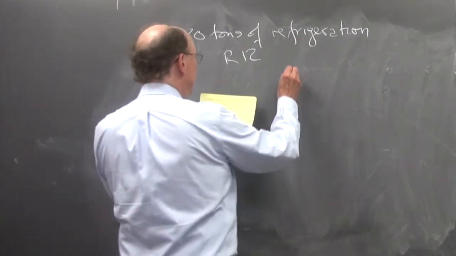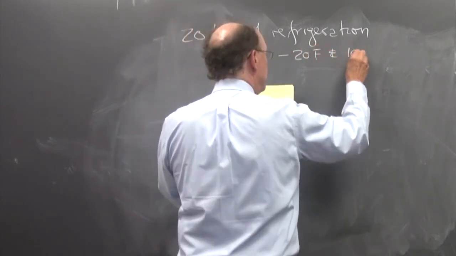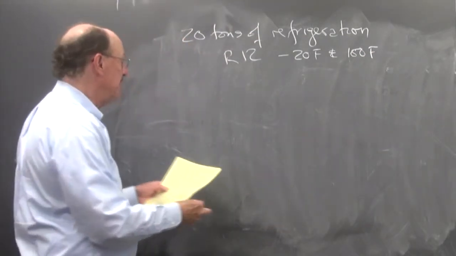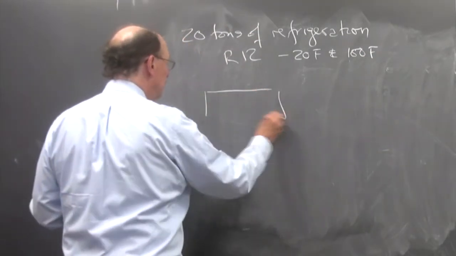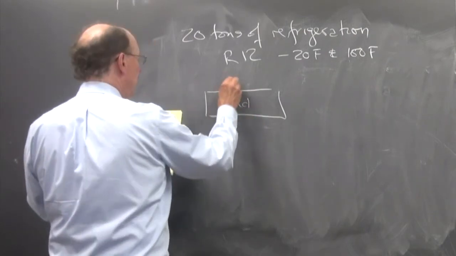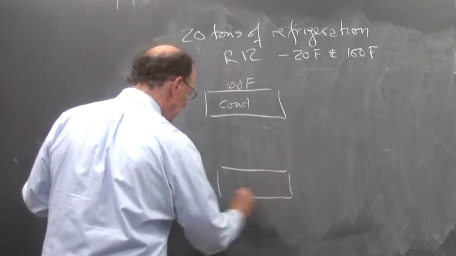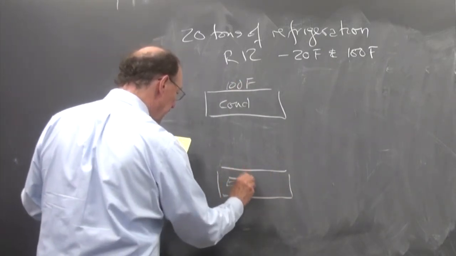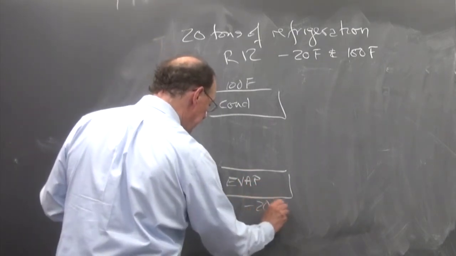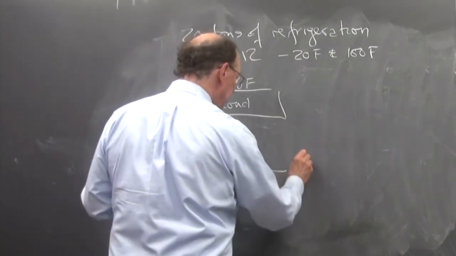We're going to be operating between minus 20 degrees Fahrenheit and 100 degrees Fahrenheit, so those establish the upper and lower limits. So I have the condenser, which is going to be at 100 degrees Fahrenheit. I'm going to have the evaporator, which will be at minus 20 degrees Fahrenheit. Then the throttling valve and the compressor.